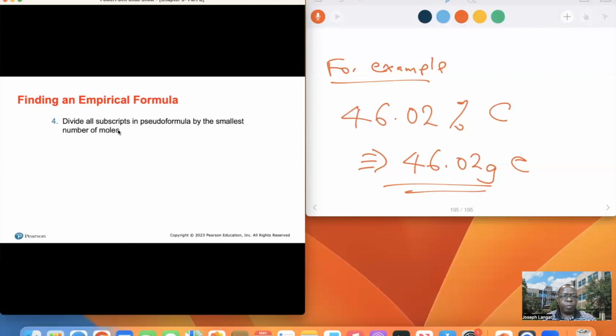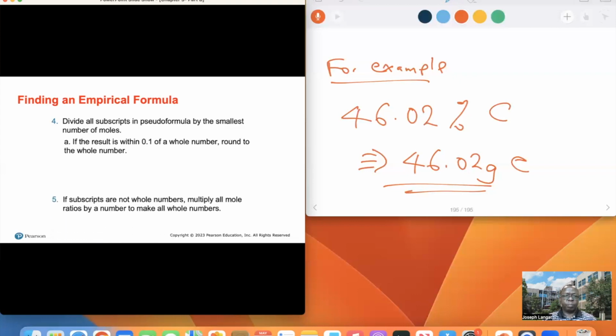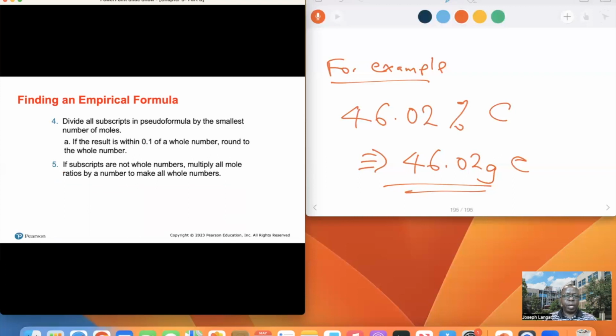Divide all number of moles across by the smallest number of moles. If the result is within 0.1 of a whole number, round it to a whole number. You have to be careful with this. If the subscripts are not whole numbers, multiply all mole ratios by a number to make them whole numbers. This is where you need to learn what number to multiply by.